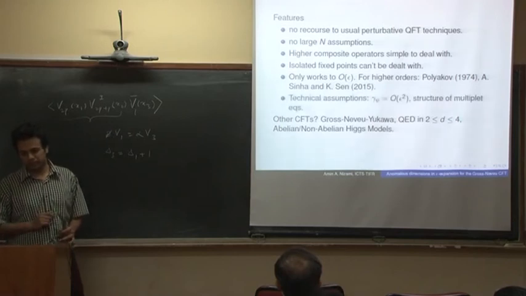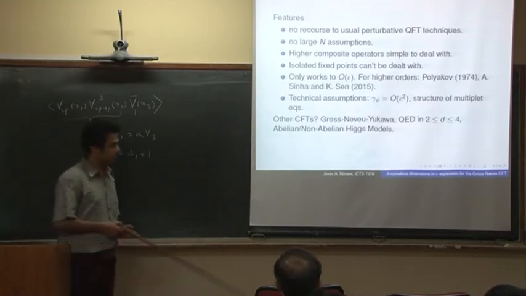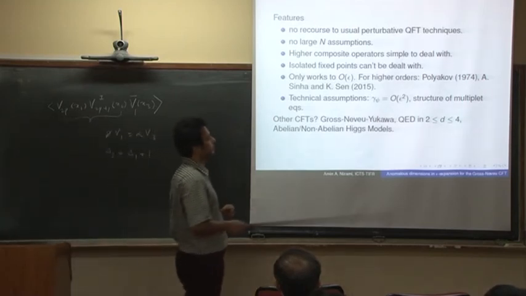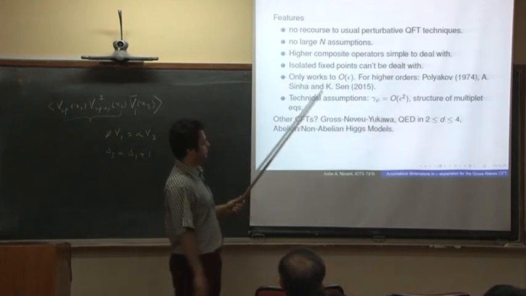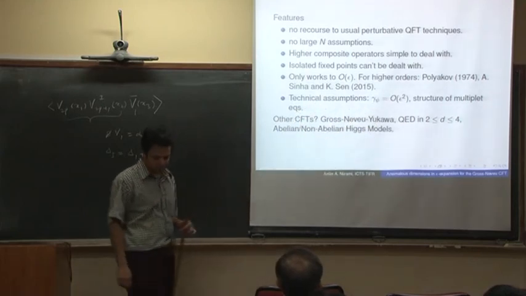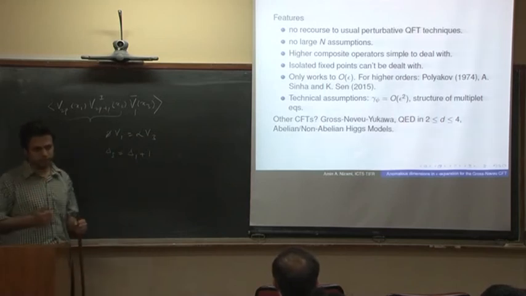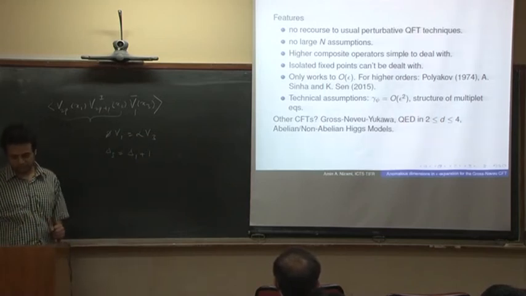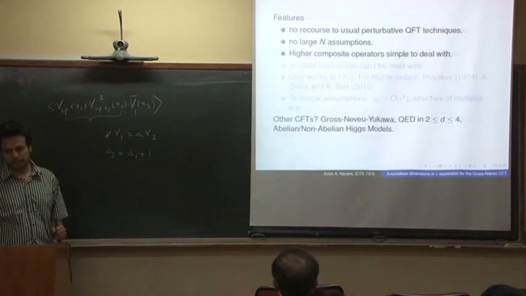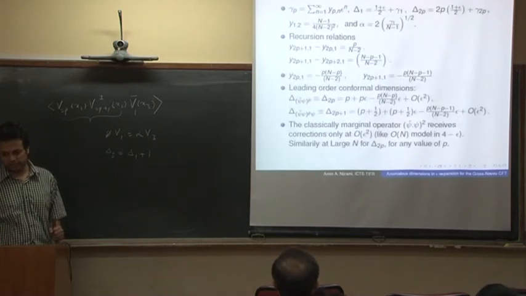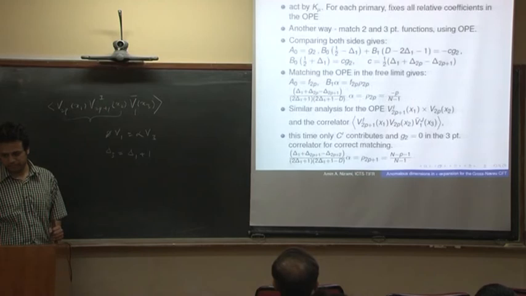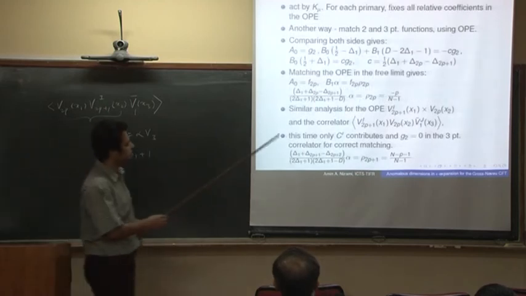There is one more thing, which is that there are technical assumptions here. So the work that we did, and also, for example, this work, relies on the assumption that the anomalous dimension of the lowest operator, which is just the fermion, starts at order epsilon square. You can already see this if you look at this equation here.